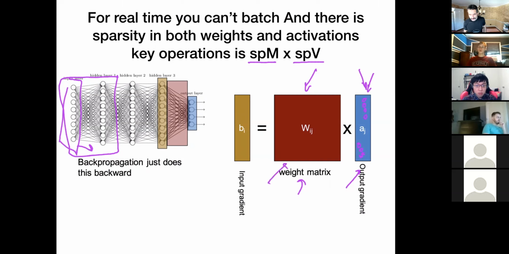Or for these weights, once you have the network trained, they are fixed, right? So you know exactly where these 0s are, after you prune the small values. So this operation became a little bit tricky, how to do that efficiently, because for a different image, the location of these zeros would be different, but the zeros here, you know exactly where they are.